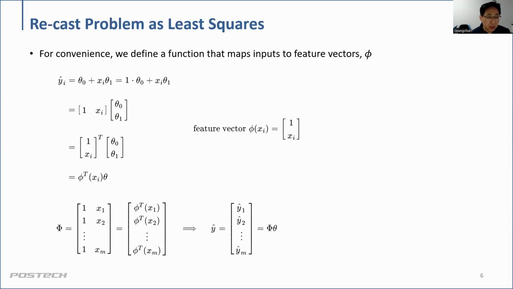There's a trick here. In the linear model that I assume, there's a one in front of it. The reason is that I want to put all the given data points in a matrix or vector form so that we can do matrix multiplications.